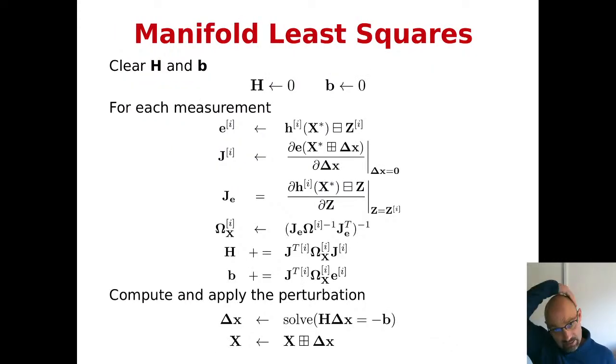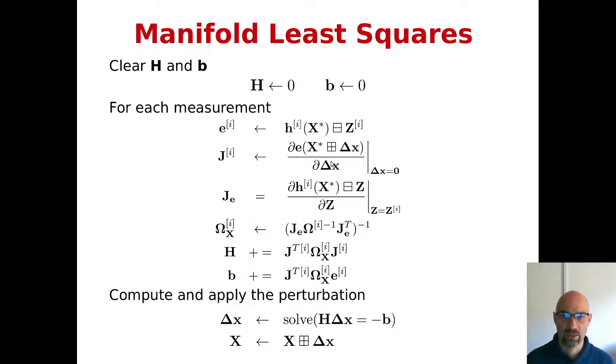Then we can end up with a final and closing formulation of least squares with this additional step, which is how to project the covariance if your measurement space is non-Euclidean. So we start, it's always minimum variation from the previous algorithm. We start by clearing H and B. For each measurement we compute the error, we compute the Jacobian.